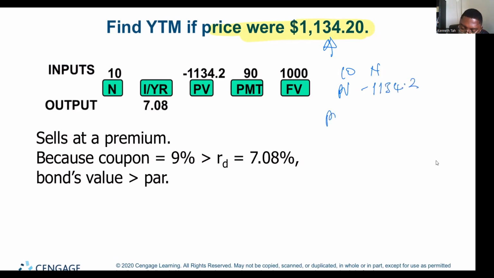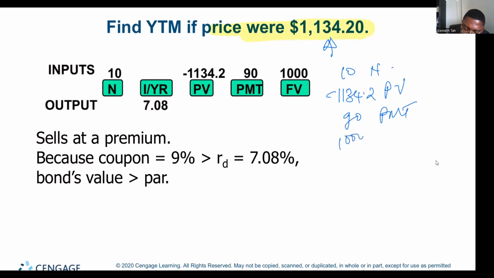So present value negative 1134.2. I'll type 10 first in, then I'll type negative 1134.2. I take that as present value. I'll type 90 and take that as payment.